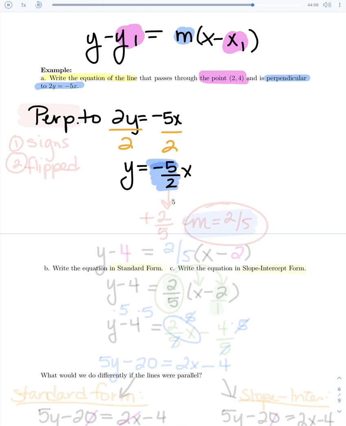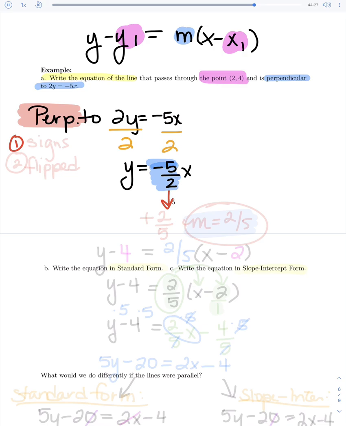Question: is that the slope I want? No. Why? Because we said we wanted something that was perpendicular. What does perpendicular mean? We said perpendicular in the last section meant that the slopes did two things.